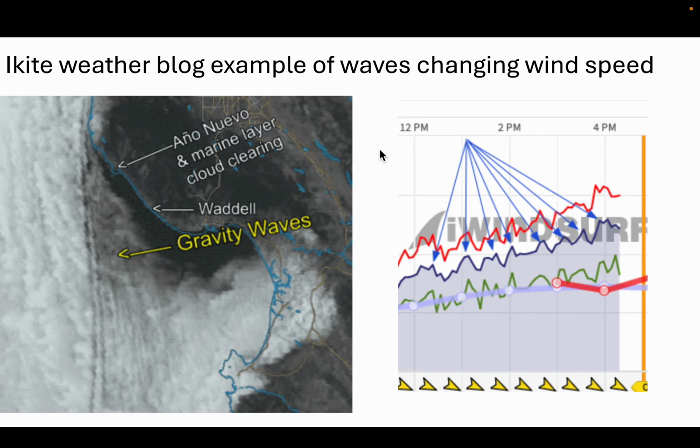So here's a fun example that iKite has. It's kind of an expansion fan example, but basically here we have a marine layer and then something's forcing up the marine layer, and after that we have these waves. See these lines here?